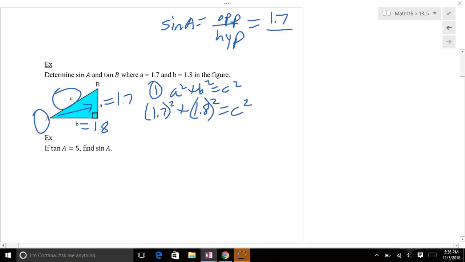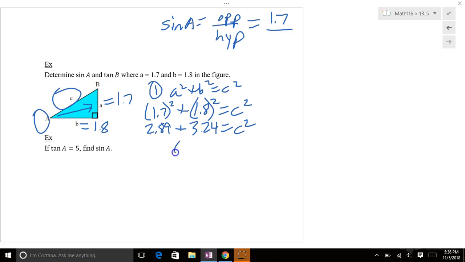So 1.7 squared plus 1.8 squared equals C squared. You punch in 1.7 squared and you get 2.89. Punch in 1.8 squared, you get 3.24. Add those up, you get 6.13.